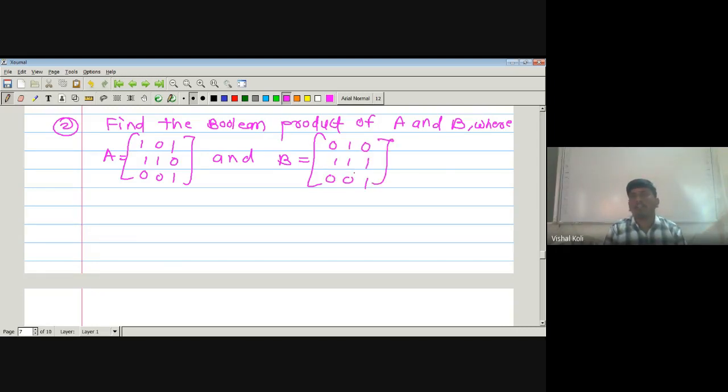Now we have to find its Boolean product by using the above definition.